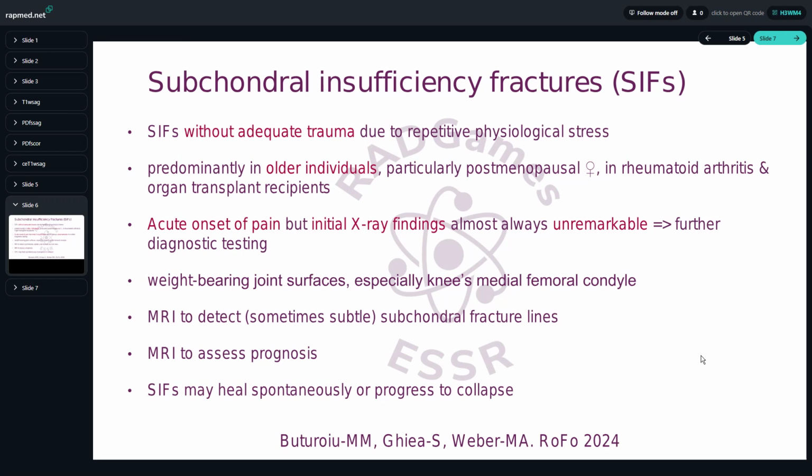So therefore, we should do MRI in these cases to see the bone marrow edema, but also to see the subchondral fracture line. With MRI, we can assess the prognosis because either a subchondral insufficiency fracture may heal spontaneously, or it can progress to collapse of the subchondral bone plate and the cartilage layer.